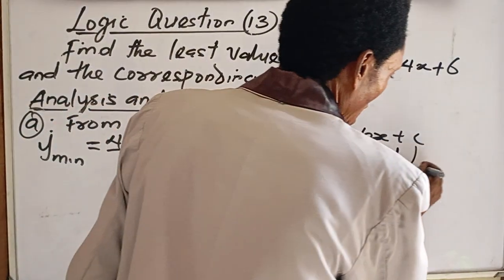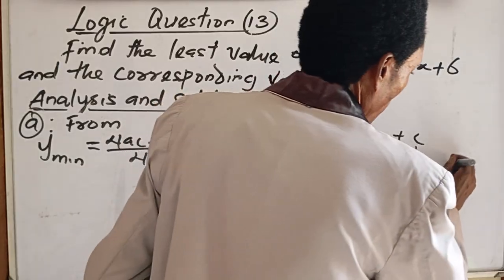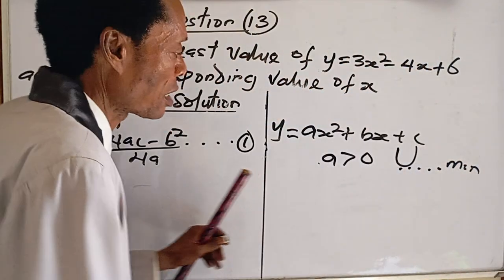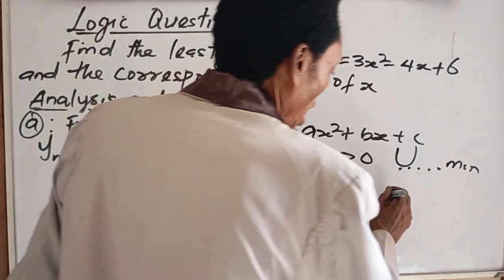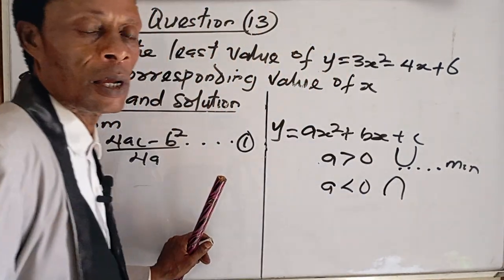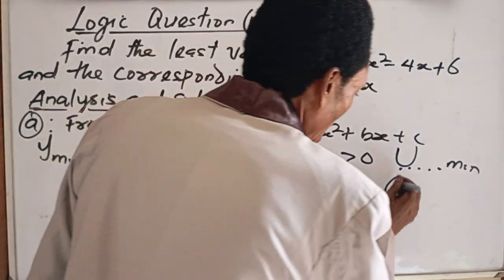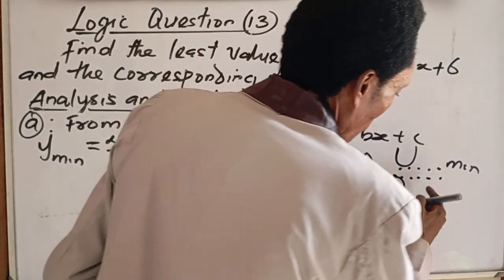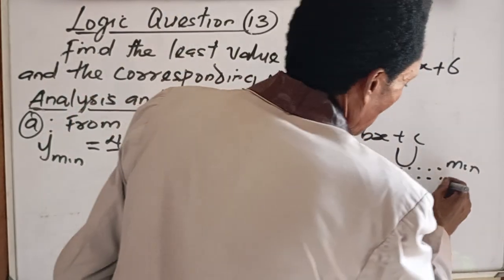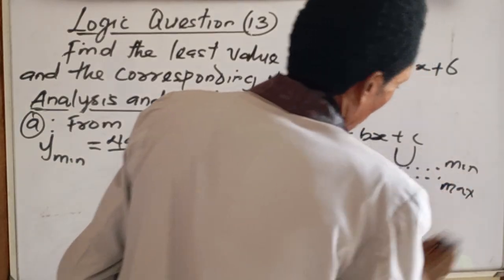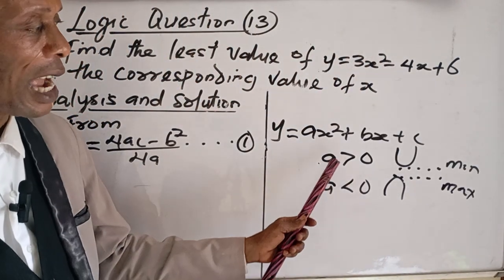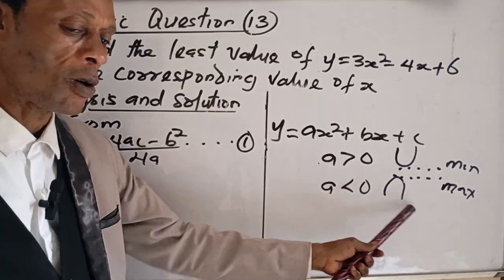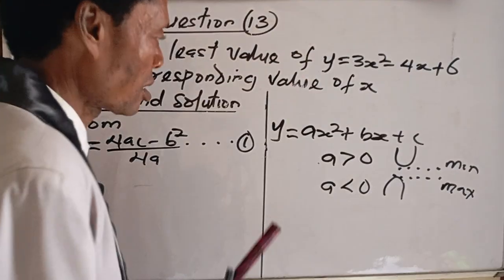Then here you are required to find the minimum. But if a is less than 0, then you have the N-shaped curve. So here you have to find the maximum value. So all depends on the value of a for you to either get minimum value or maximum value. So take note.